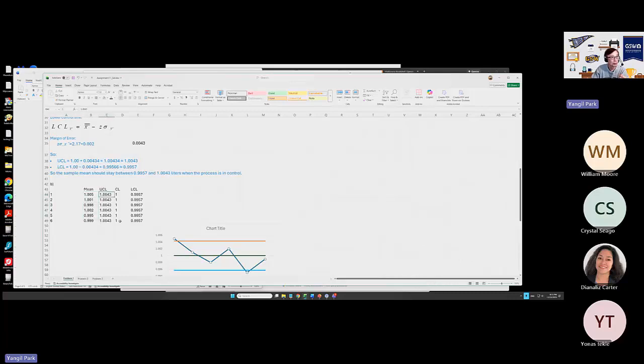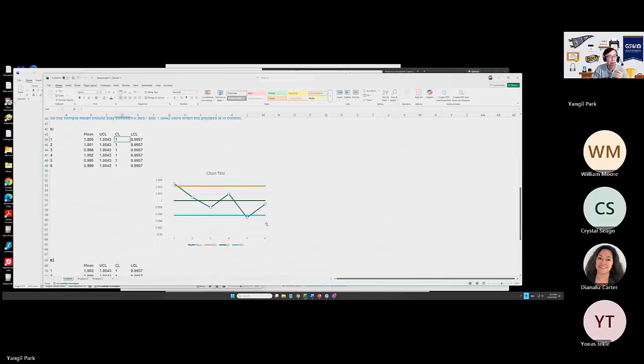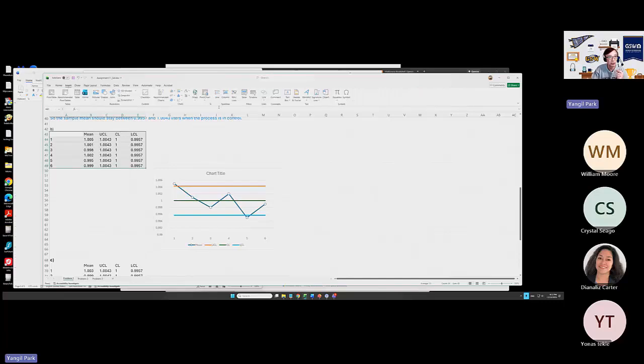And the upper limit score and lower limit score, which we just calculated, and the mean is given. Then all we do is just highlight it and go to insert, chart.